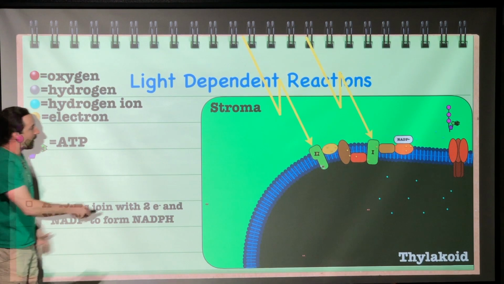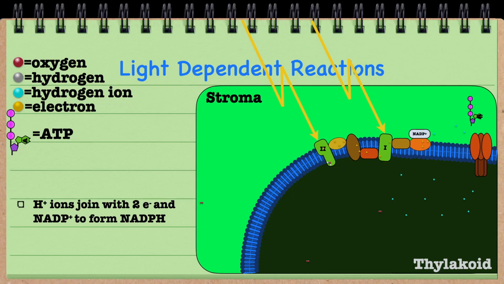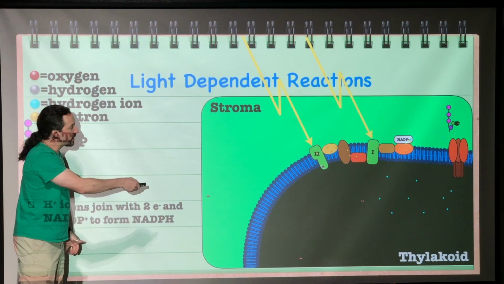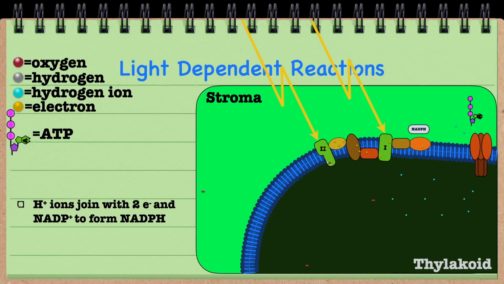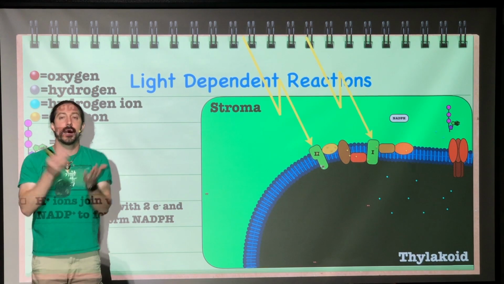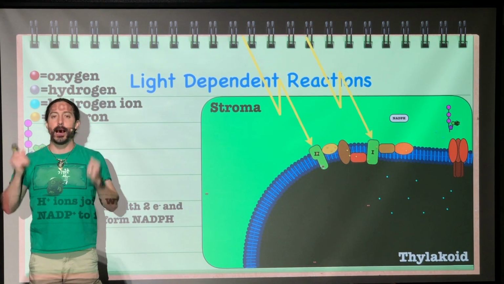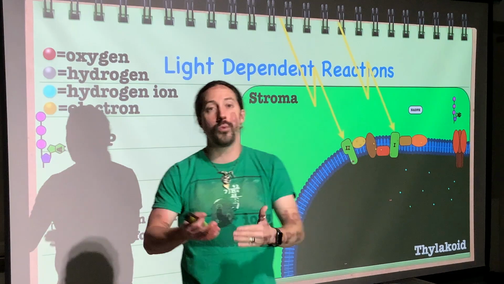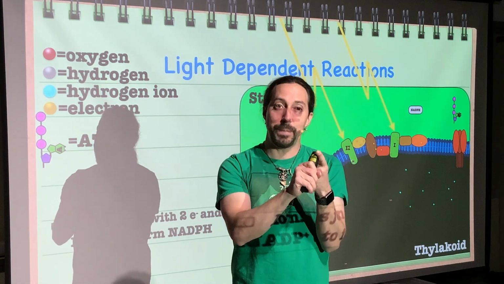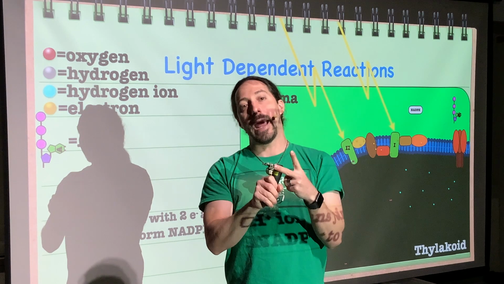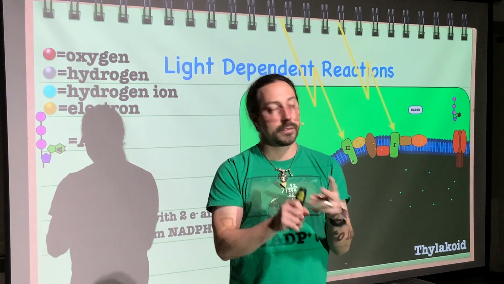Next, the hydrogen ions that have been released are going to bond with this molecule right here called NADP+, and become NADPH, which is another energy-carrying molecule. So the light-dependent reactions produce two energy-carrying molecules, two energy transfer molecules, ATP and NADPH.